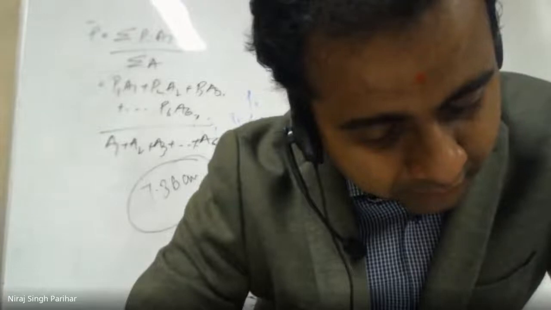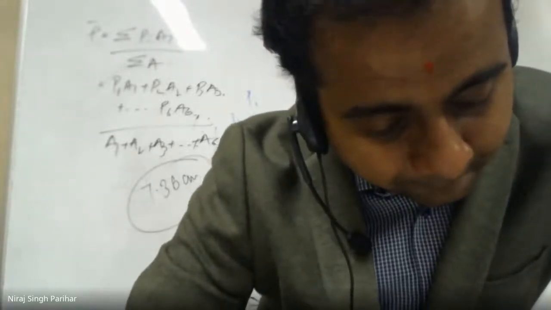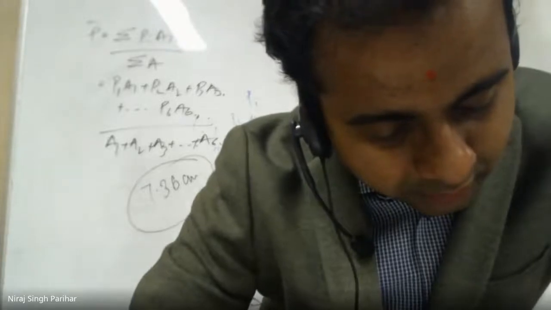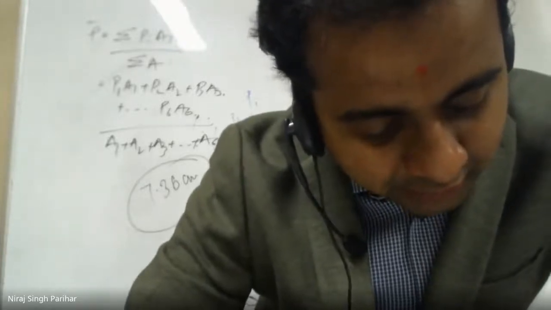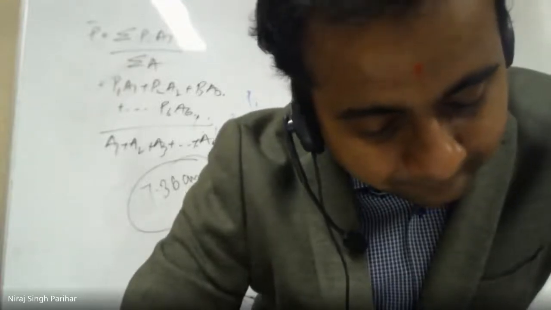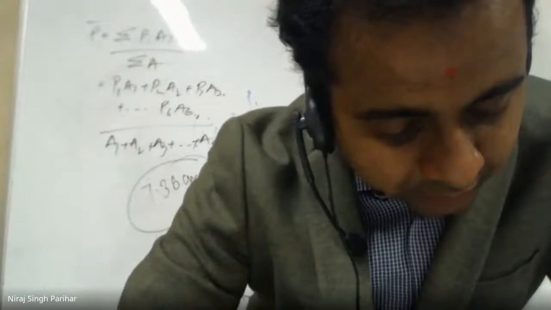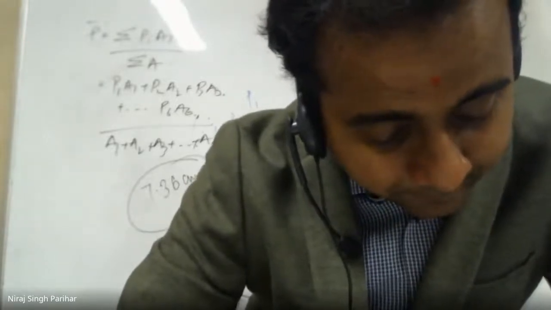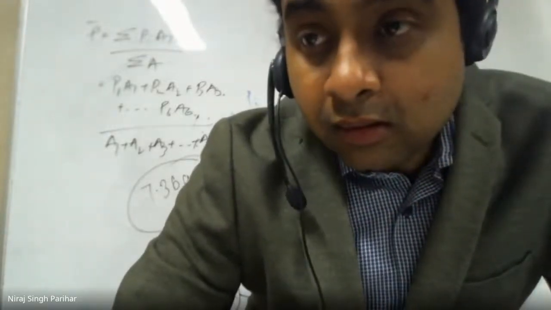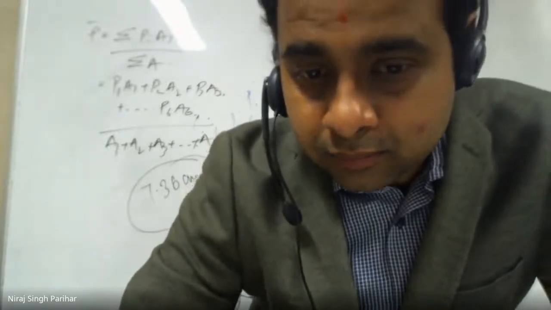Next is 17. Corresponding area is 2955. Next is 16. Corresponding area is 3280. Next is 15. Corresponding area is 3535. Next isoheight is 14.